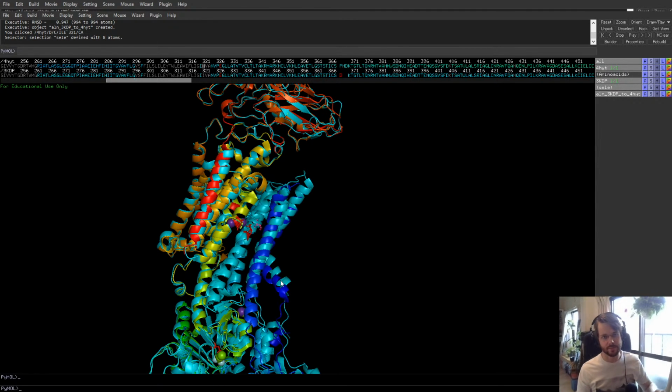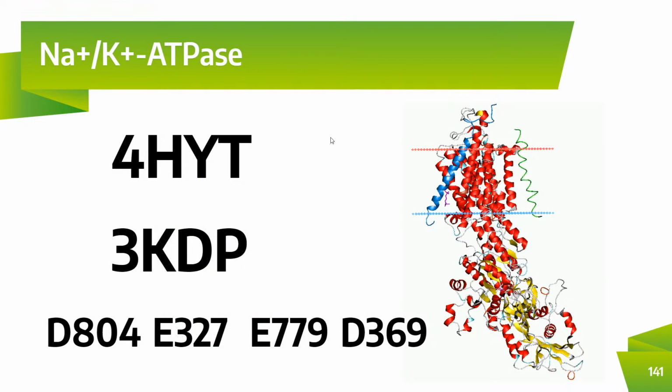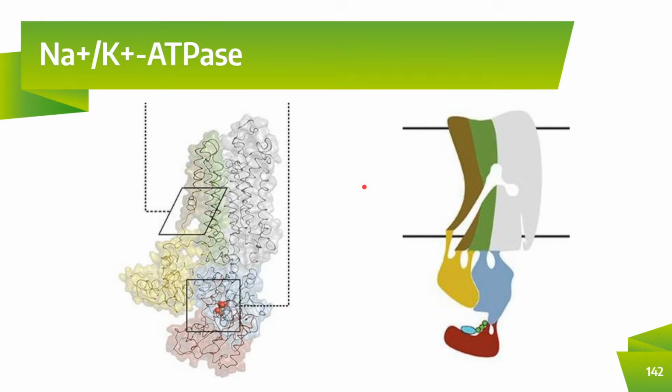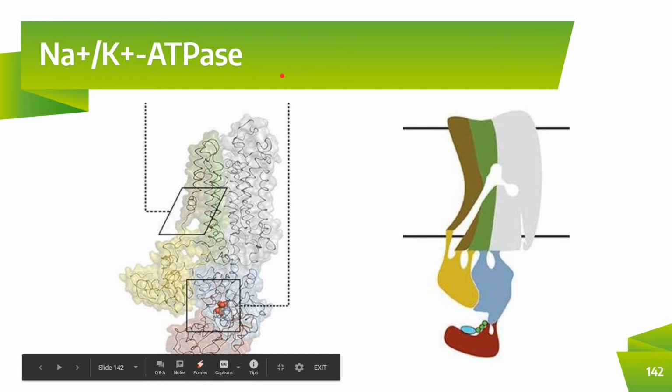And of course, there are people who have taken a look at that in detail, and I want to show you a little bit what they have found. Let's go back to the presentation for a second. Okay. So this is the protein that we just looked at, just a different representation.